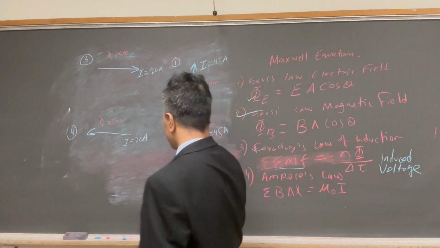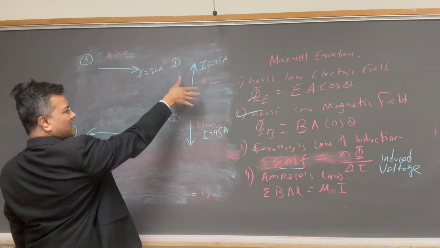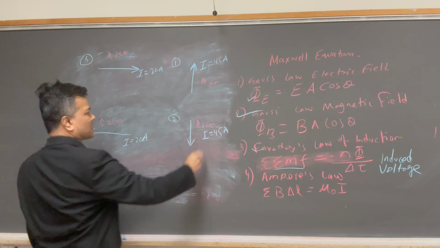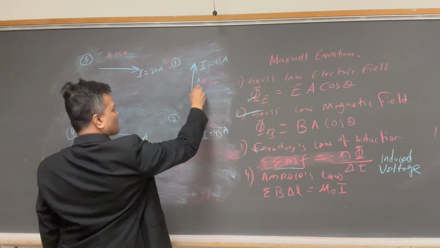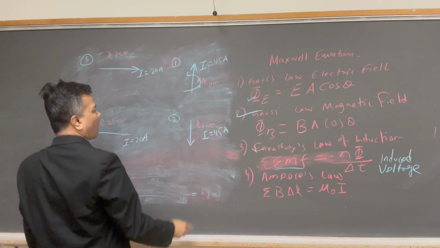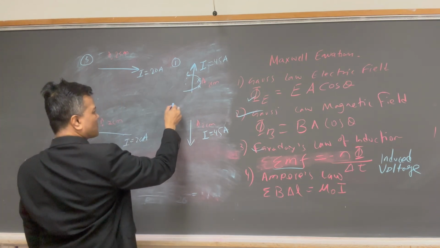Scenario 1: if you use right hand rule, thumb in the direction of the current, you curl your fingers, going in and coming out on the other side. So this is counterclockwise.